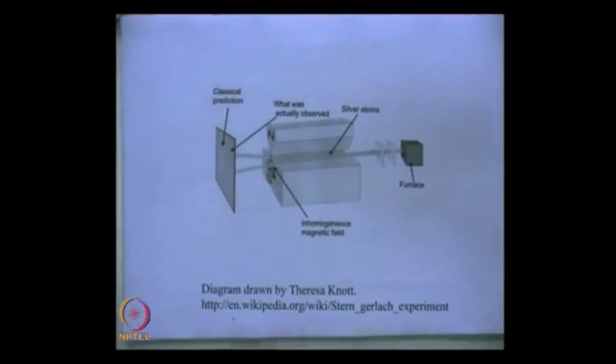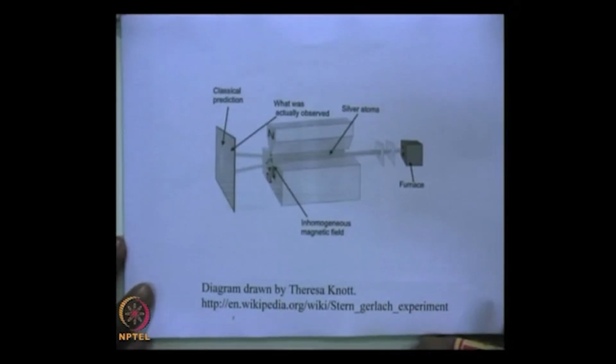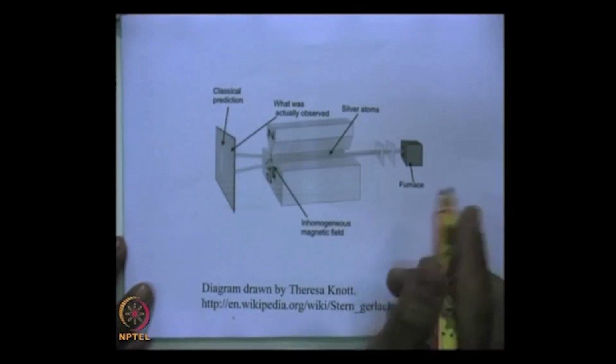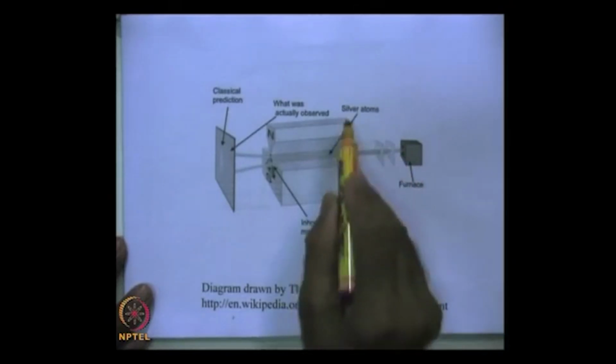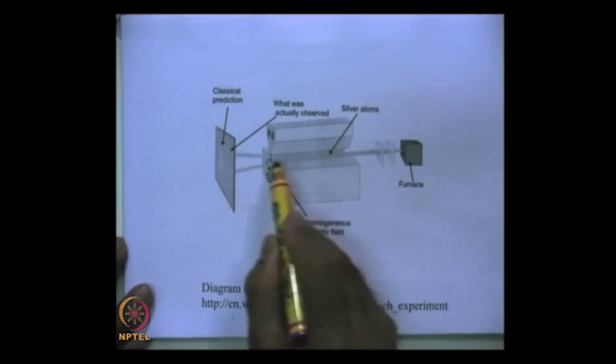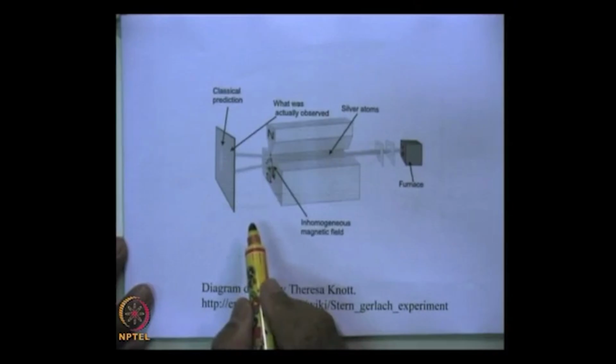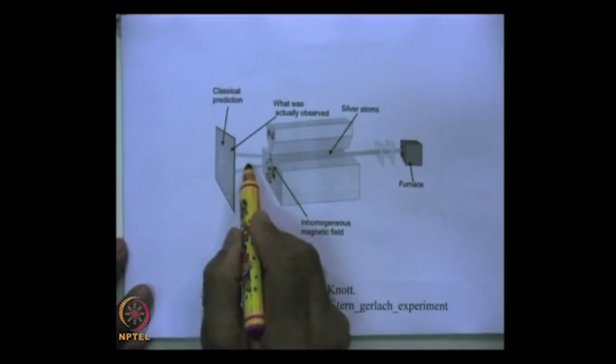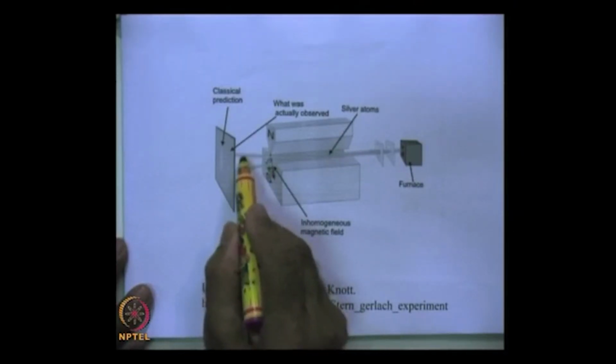This is the schematic of the original experiment. I have taken it from the internet, from Wikipedia. This is the furnace, these are the silver atoms which come out, this is the inhomogeneous magnetic field, and as you can probably see, it splits into 2 spots.